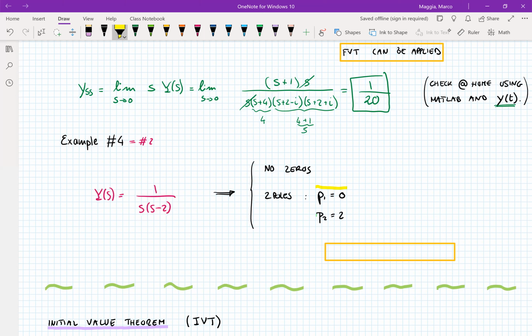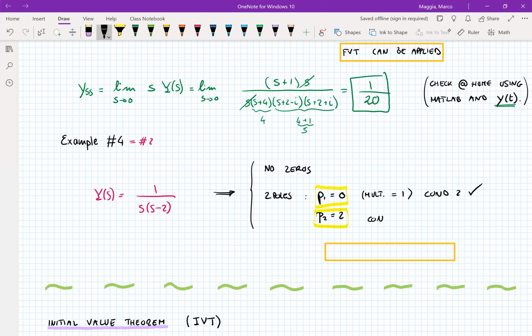So starting with the pole at 0, its multiplicity is equal to 1, so condition 2 is checked. But when it comes to the non-zero poles, in this case the non-zero pole, the real part is positive, equal to 2.